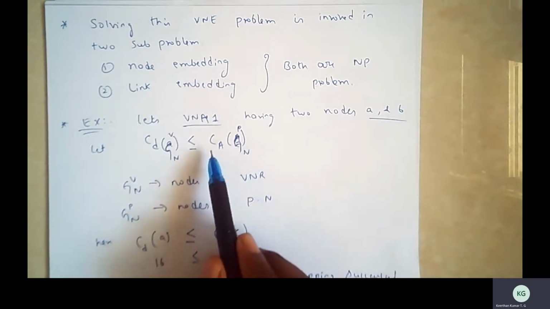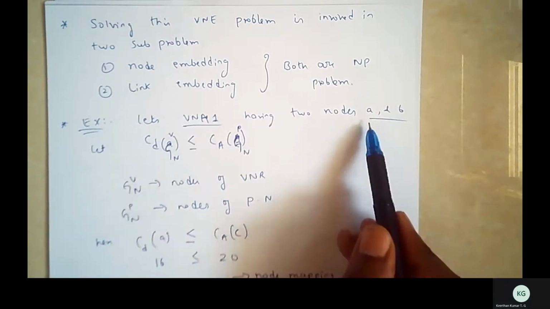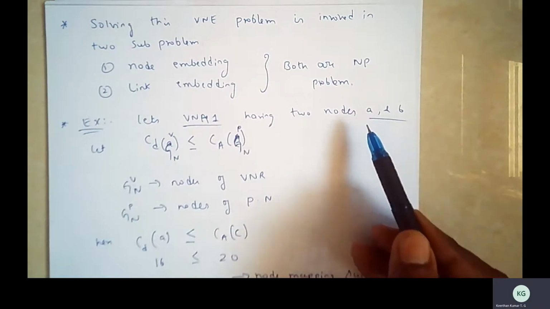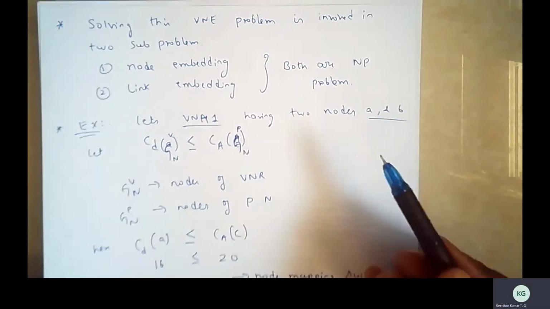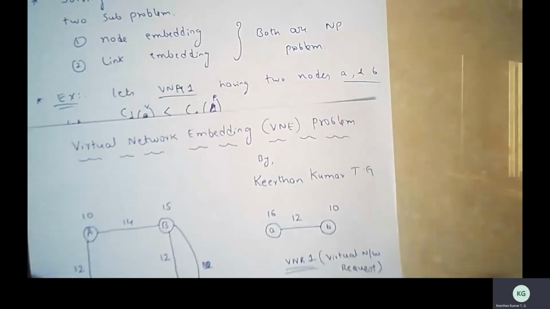what I have to do is check the capacity demand of A. What is the capacity demand of A? In the VNR1 graph, for your reference, I will show you the values here.